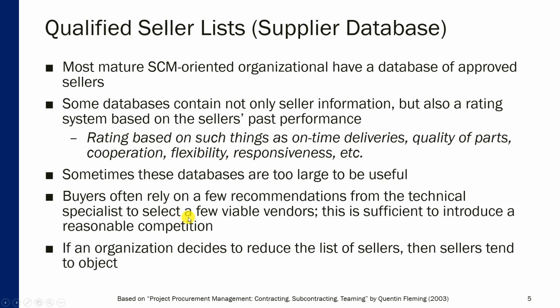So typically, selecting a few viable vendors to participate in bidding is sufficient to introduce a reasonable competition. But the problem with this informal approach that goes around the formal database of vendors is that if an organization decides to somehow reduce this list of sellers, either by ignoring them based on a face-to-face recommendation from a technical specialist, or in general by cleaning it up, then sellers tend to object because they may feel that there is some sort of violation of an agreement that they will be on that list and they will work with the company.